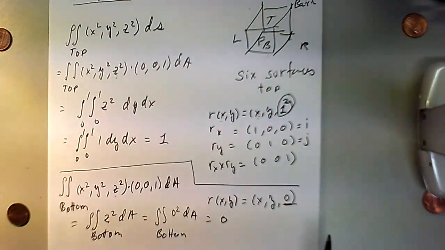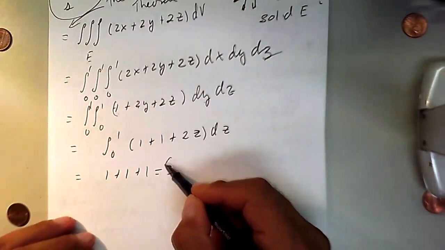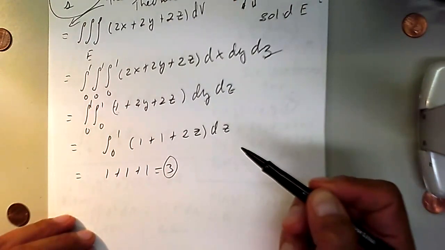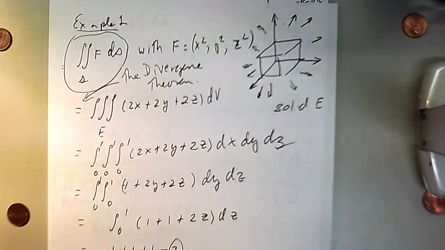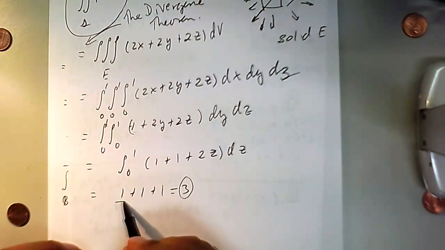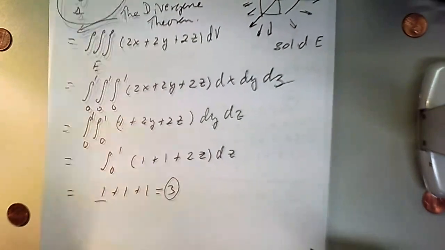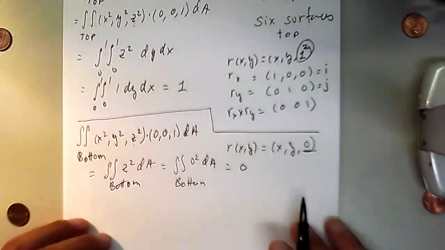That's information we did not get when we used the divergence theorem. The divergence theorem gave us the answer, 3, but without telling us how much each one of the surfaces contributed to the total flux. Now we can begin to put this together. This 1 probably came from the top and nothing from the bottom.